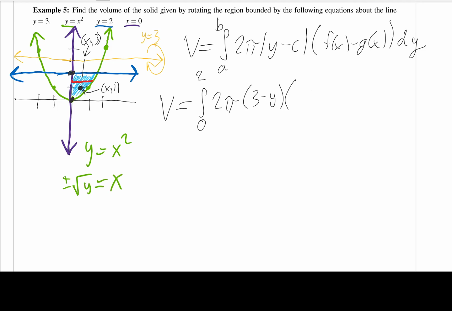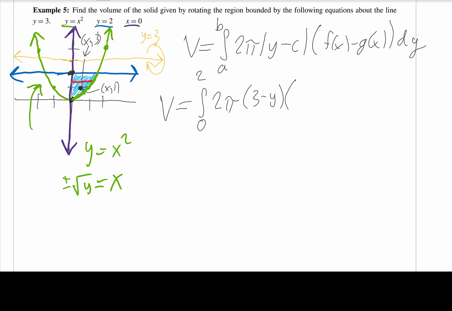And this is kind of a point I was talking about earlier. I don't need plus or minus square root y equals x because I'm only concerned about this portion of my curve. The negative part would give this half of the curve over here. Or you could say the negative square root y would give us the left half of that parabola.